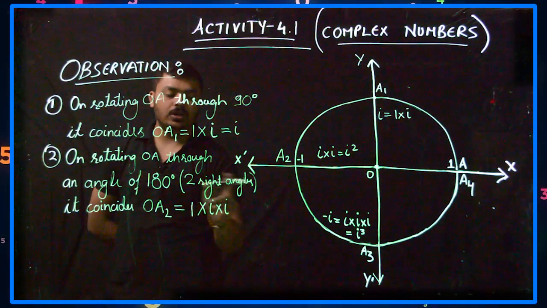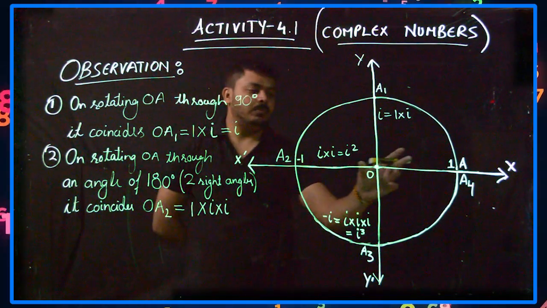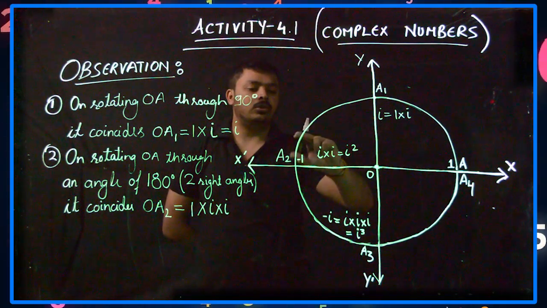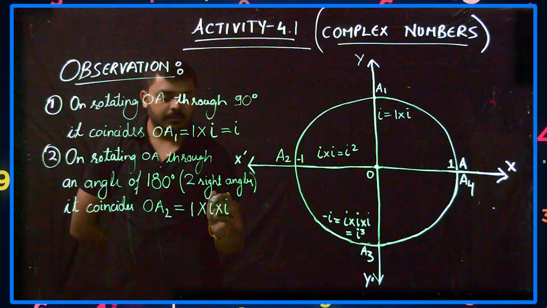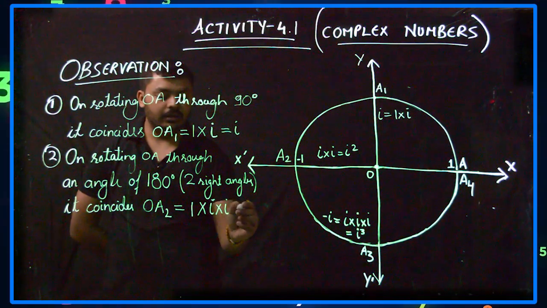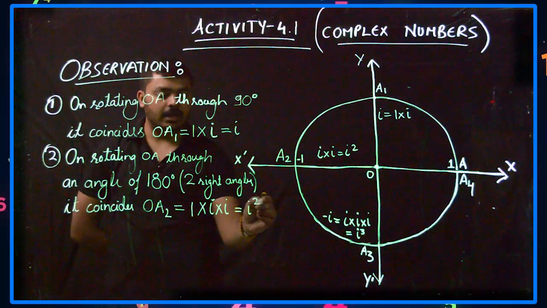As we move through 2 right angles, so 2 multiples of i, so i into i becomes iota square or i square.